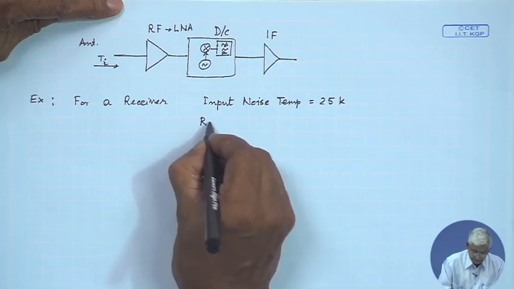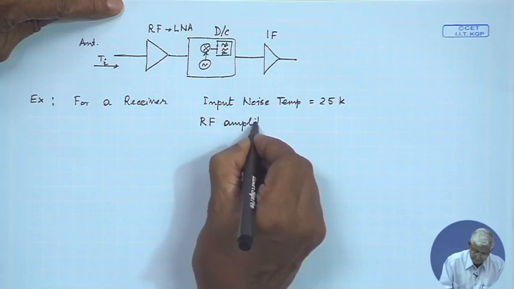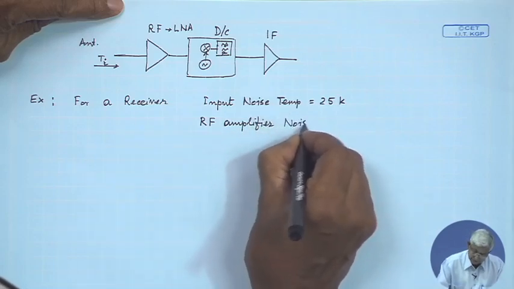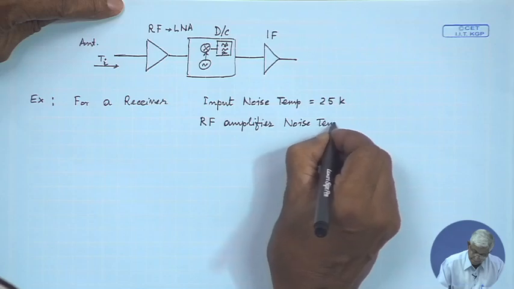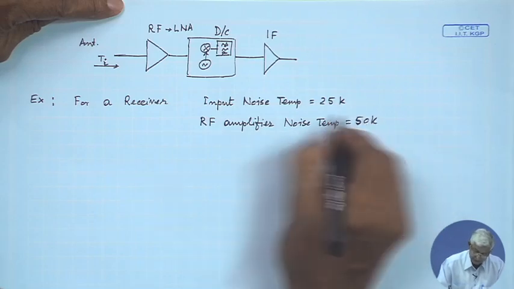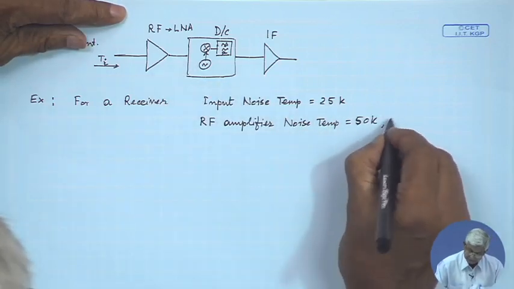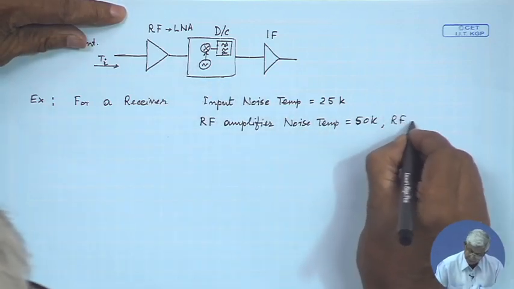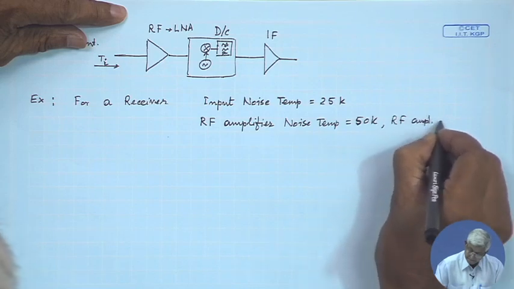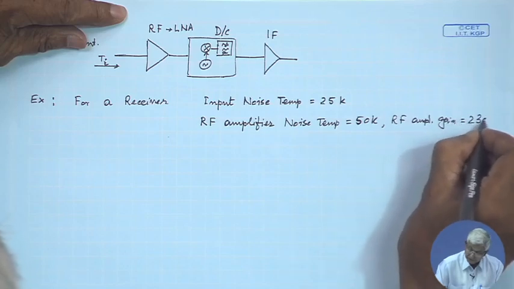Then the RF amplifier noise temperature is 50 K, low noise, you can see, and the RF amplifier gain is 23 dB.